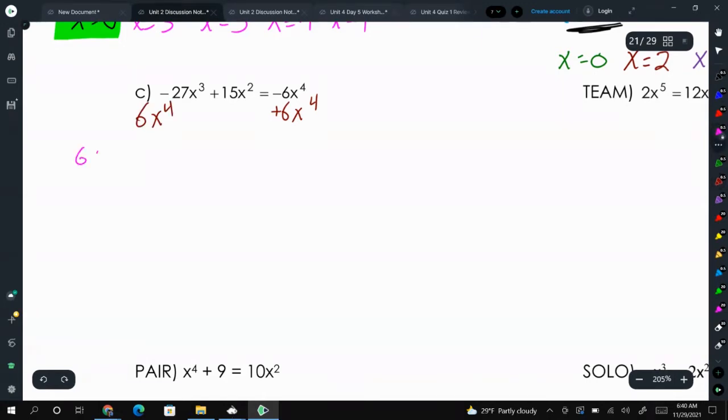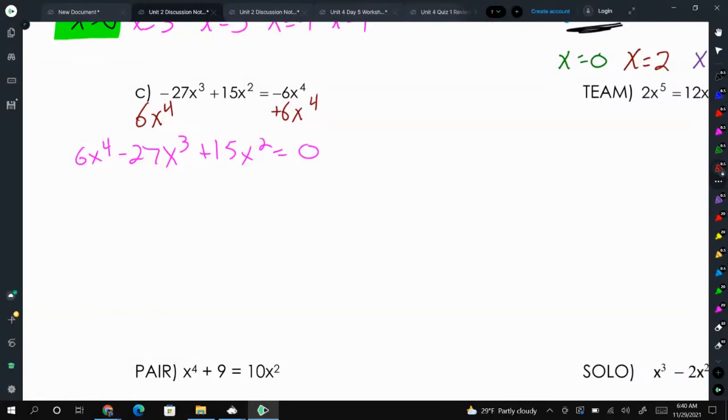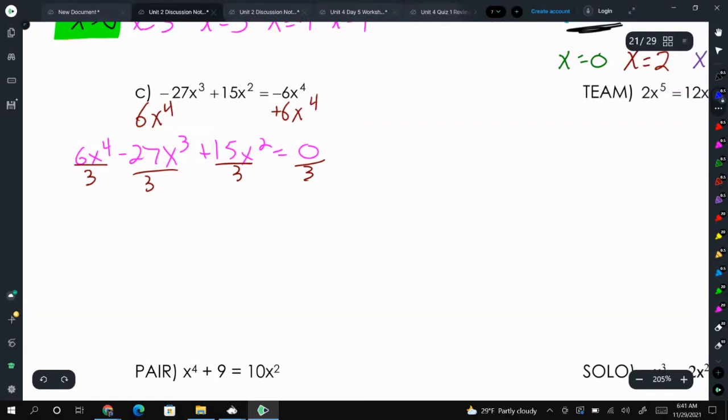And this is going to get me 6x to the 4th minus 27x to the 3rd plus 15x squared equals 0. Now I'm going to divide everything by 3. When I divide everything by 3, I get 2x to the 4th minus 9x to the 3rd plus 5x squared equals 0.